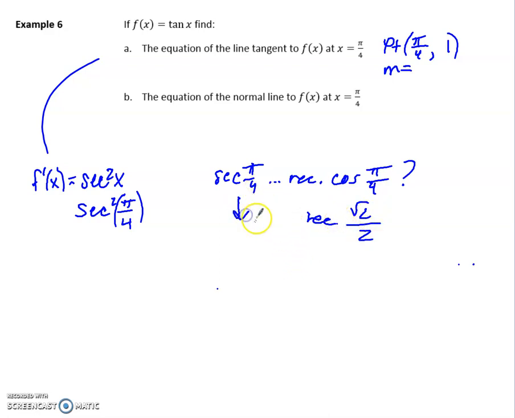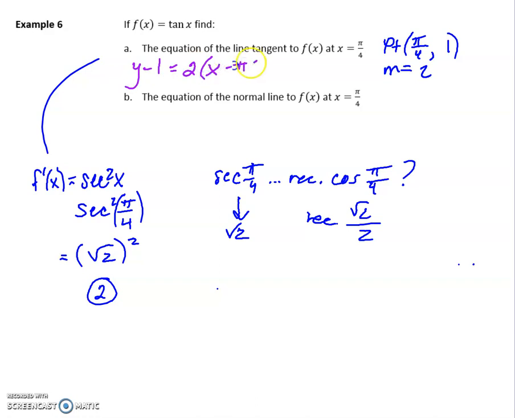So secant of pi over 4 is root 2. You can review that as many times as you need to. But because it's secant squared, it just comes out to 2. So my slope is 2. So the equation of my tangent line is y minus 1 equals slope times x minus pi over 4.